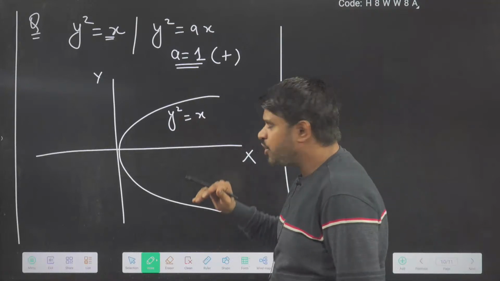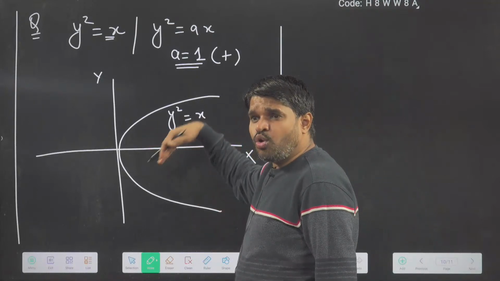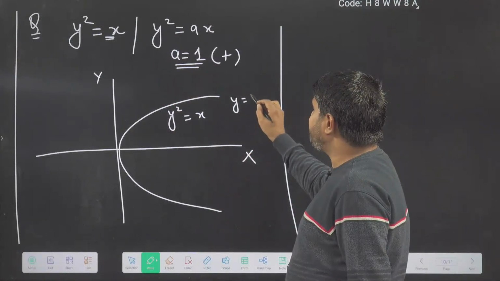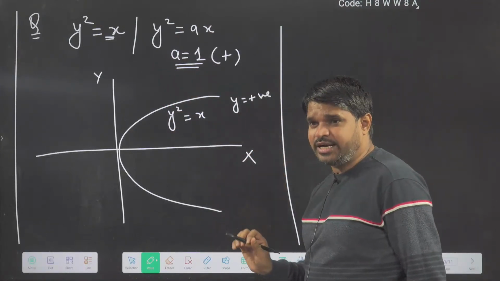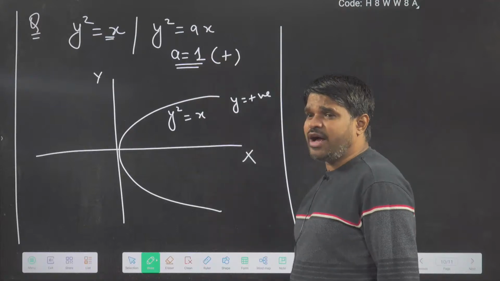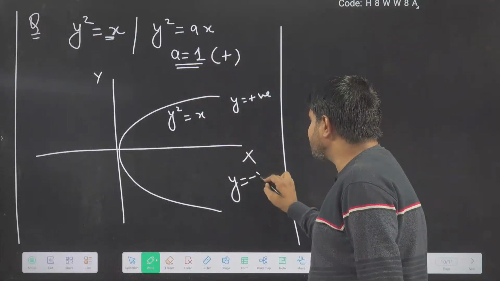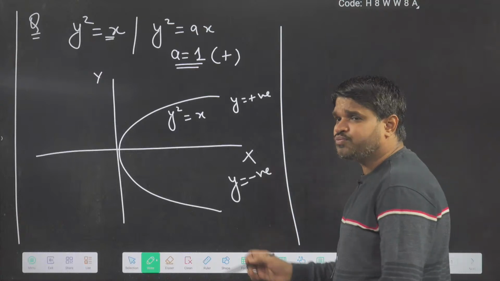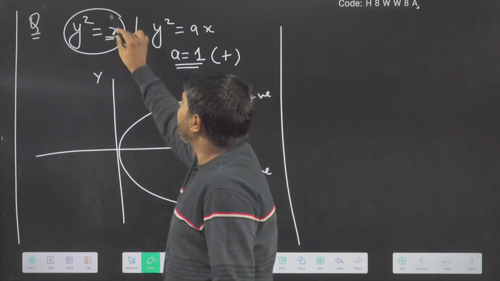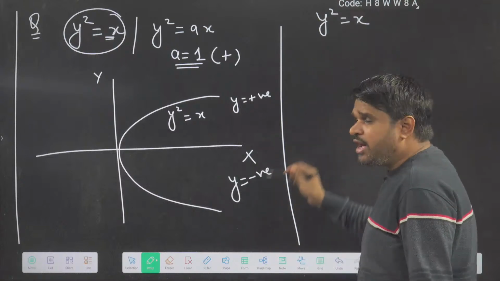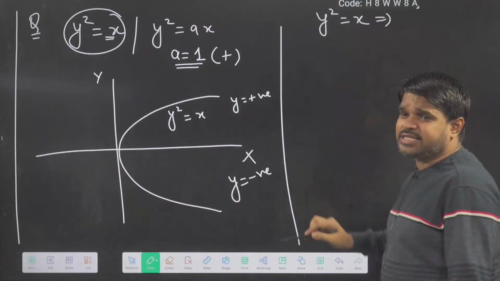Now see, above the x-axis, y is positive. Understand it. Above the x-axis, y is positive. Below the x-axis, y is negative. Now, our equation is y square equals x.